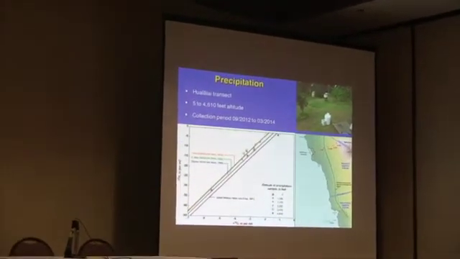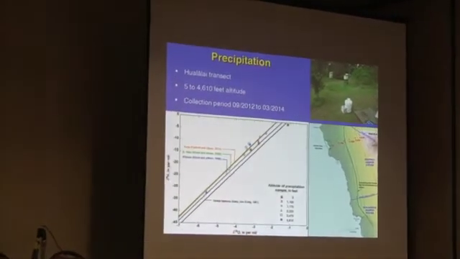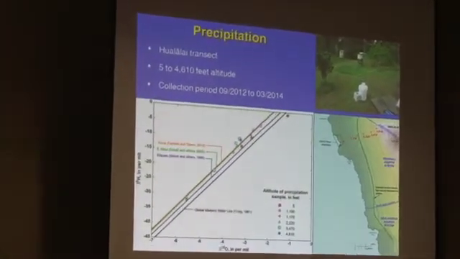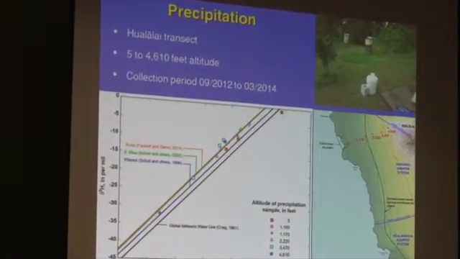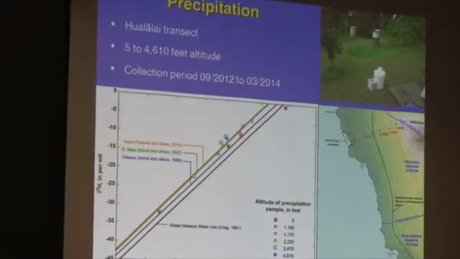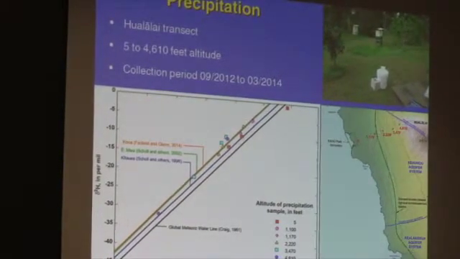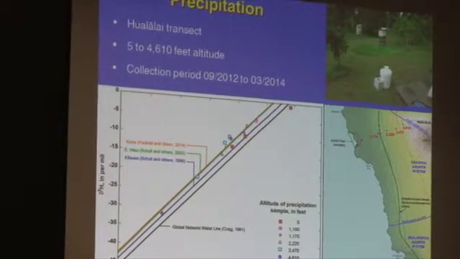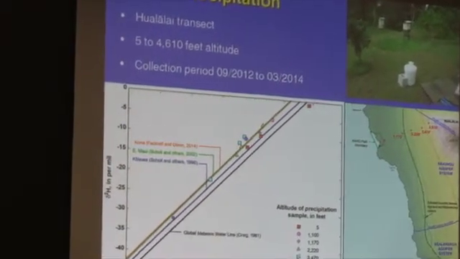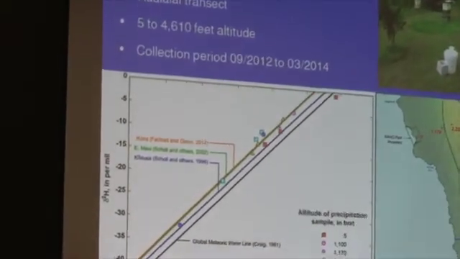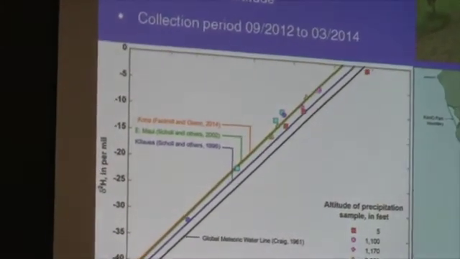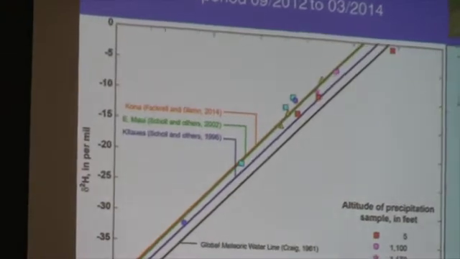There have been a number of local studies to define local meteoric water lines, and I've shown those. One of them is from Kona, done by Craig Glenn and Joe Fackrell. There's one line from East Maui, which is very close to the Kona line. And then the blue one is from Kilauea on the Big Island. But you can see that the data we collected are kind of following along the trends of those lines.